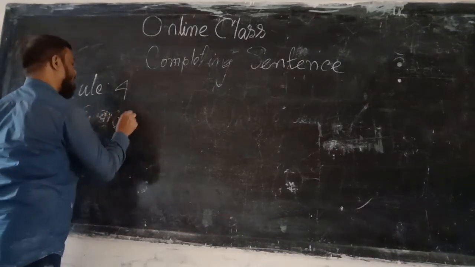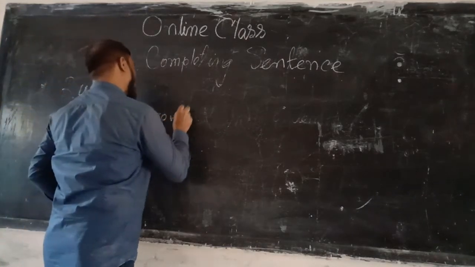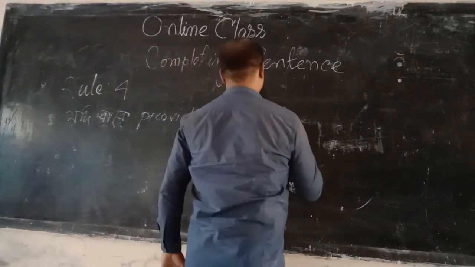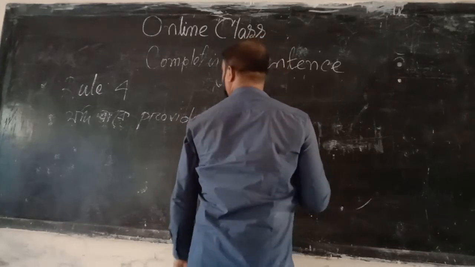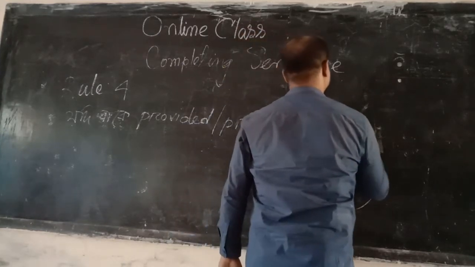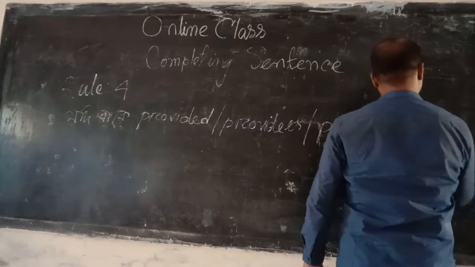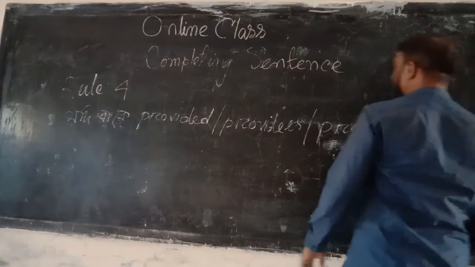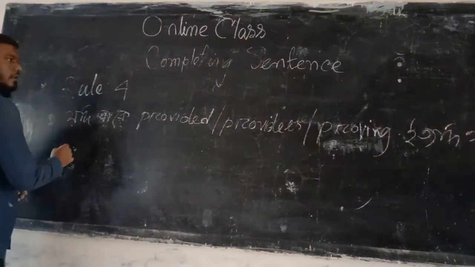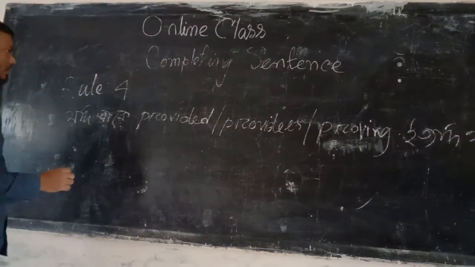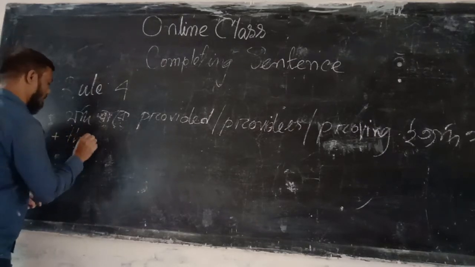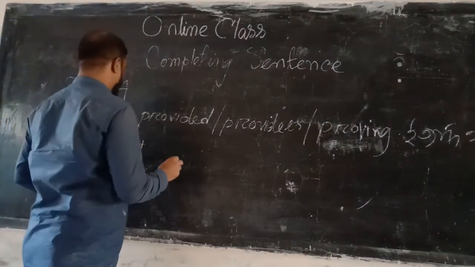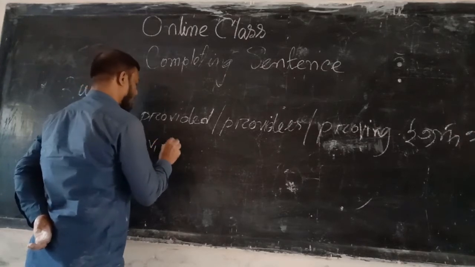যদি বাক্যে provides, providing ইত্যাদি থাকে, তাহলে কিভাবে পূরণ হবে? এরপরে that plus subject plus verb 1 plus extension.